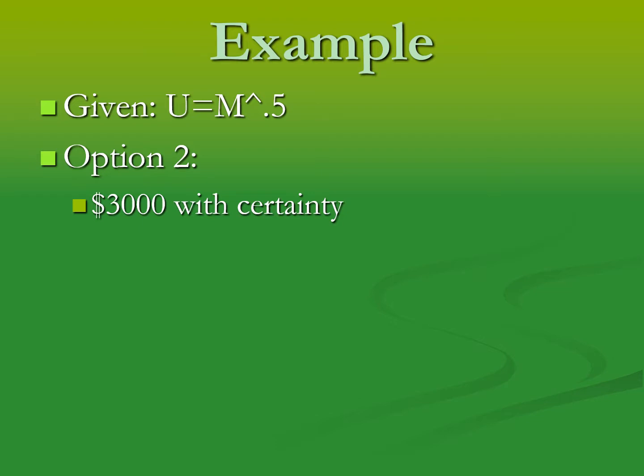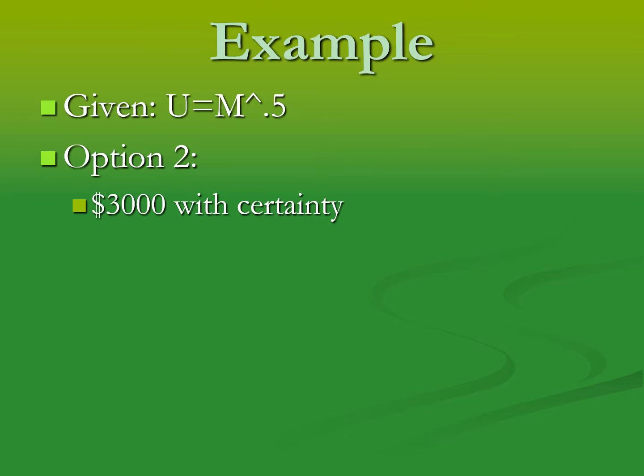So now in looking at option 2, what we have to do is the same three-step procedure. We're given the same utility function that we had before. Remember, what we're doing is we're trying to say, for this individual with this utility function, which of these two options, which of these two gambles will result in more utility? So what we do is we take step 1, we take this payoff and we plug it into our utility function, and then we multiply that by the probability that this outcome happens.